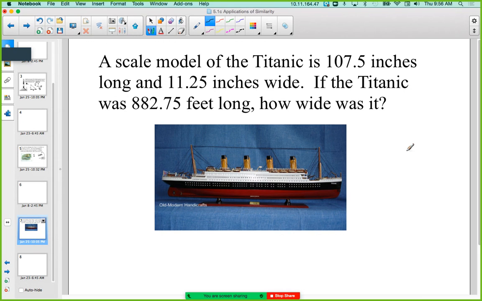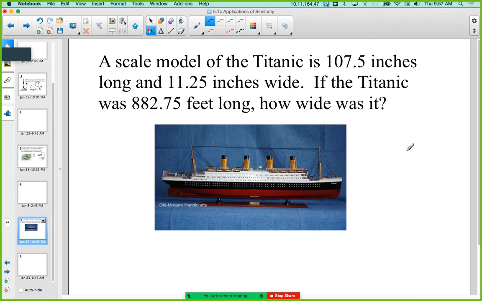If the Titanic was 882.75 feet long, how wide was it? It kind of is in this case. Well, the Titanic and its model are three-dimensional things, but in this case, we're only comparing the length and the width, which are two dimensions.